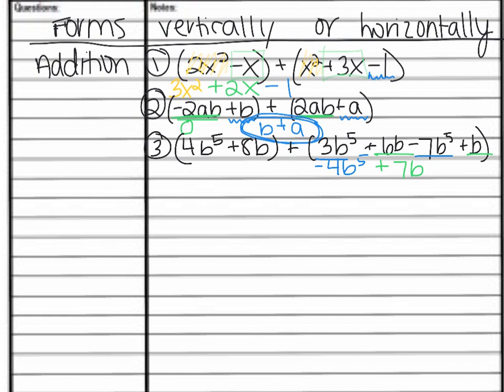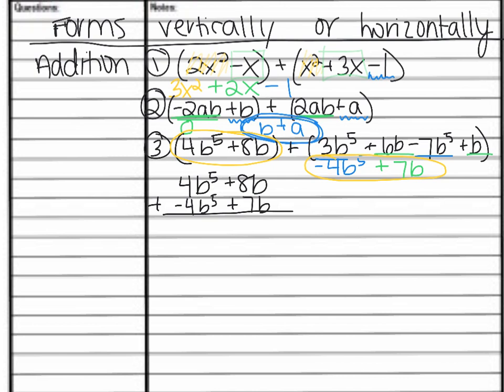Now I will use this binomial and this binomial to combine, or to add. So I'll start off writing 4b to the 5th plus 8b plus negative 4b to the fifth plus 7b.